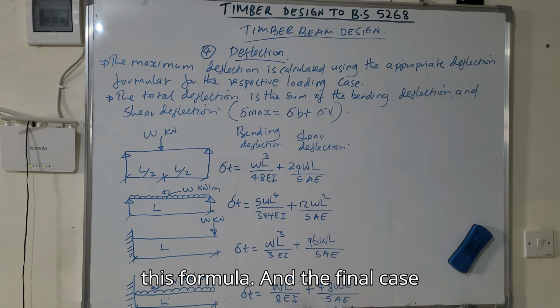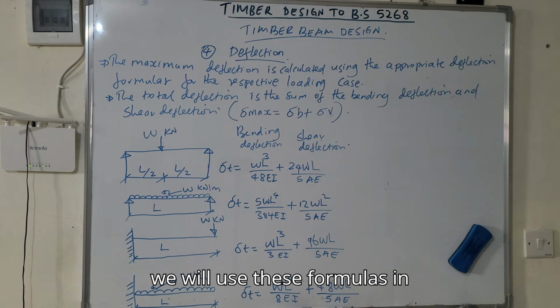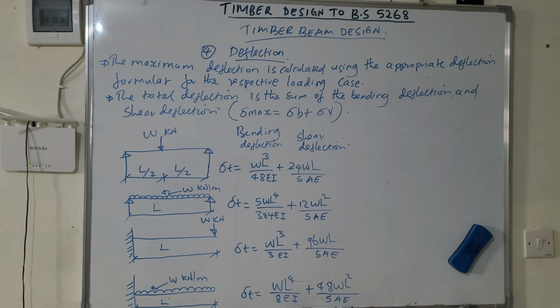And the final case is a beam loaded with a UDL. So the total deflection is WL to the power 4 over 8EI plus 48 WL square over 5AE. So that is it. And we will use these formulas in our proceeding examples.